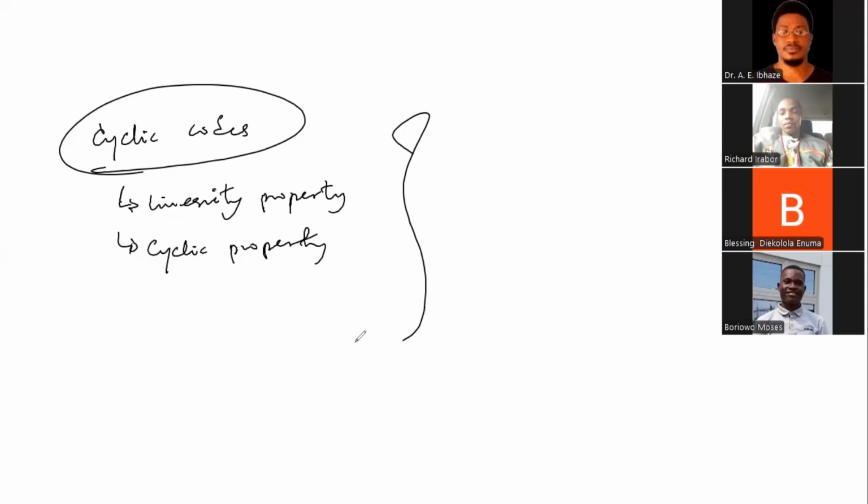Only that the complexity in terms of their combinational logic circuit design is a little high. Then there are a number of cyclic redundancy check codes, and we've already talked about the BCH codes and their properties, the Reed-Solomon codes, and all of that.